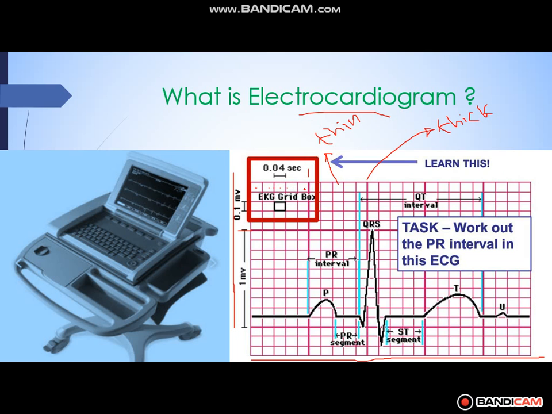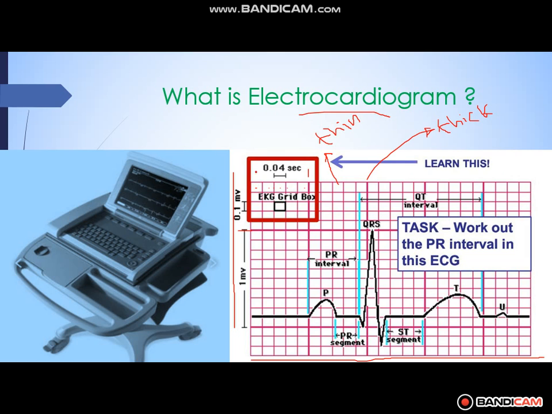You can easily say these things in a very simple way: the electrocardiogram consists of 2 types of lines, one thin line and one thick line. When 2 thin lines are crossing each other, they make a small square, and when 2 thick lines are crossing each other, they make one large square which consists of 5 small squares.